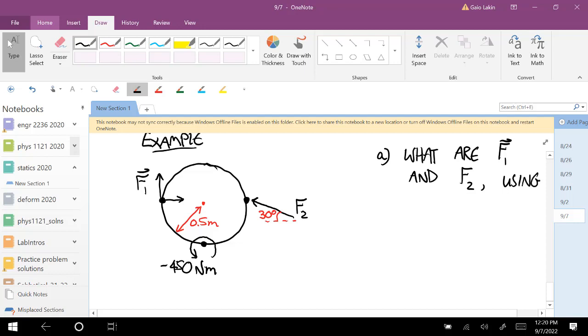And we want to do it using an about point A, where this is A. Okay. And then second, we want to do that same calculation using C for part B.